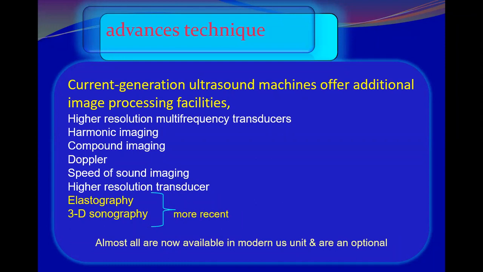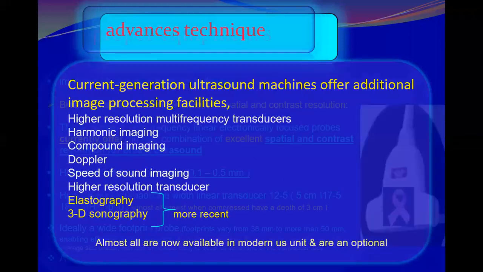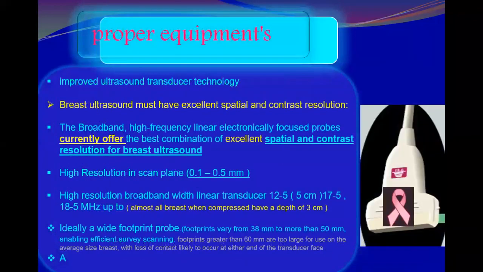These are more recent. Almost all of these technologies are available in modern units and are optional, and we have to make use of them to help in improving the ultrasound image.